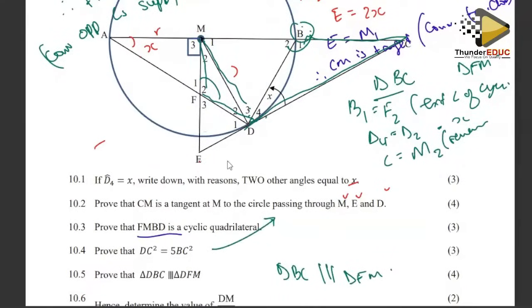Okay, so to prove that this squared is the same as that, we're going to need to use some bit of Pythagoras here, okay? So if I use triangle MDC, because that is the triangle that's going to lead me to what I need. This is MDC, this entire triangle here.